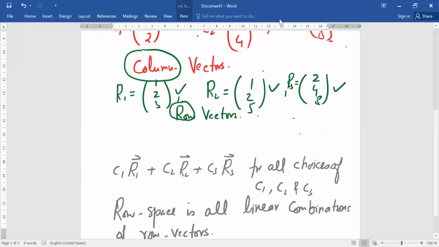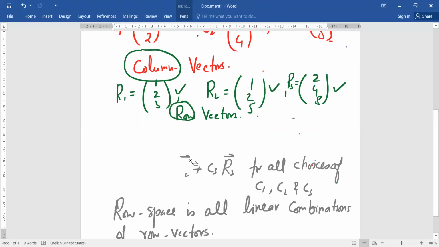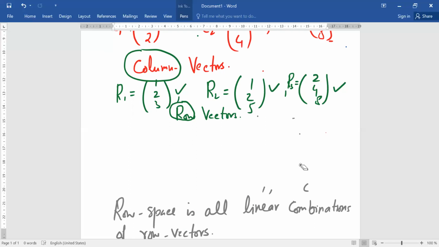So here, I'm going to clean. So I can make row vectors and I can make column vectors from a given coefficient matrix.